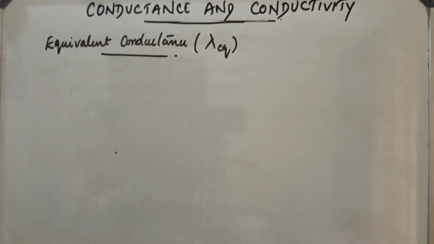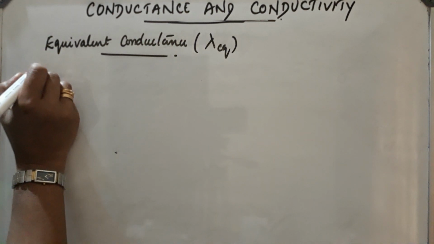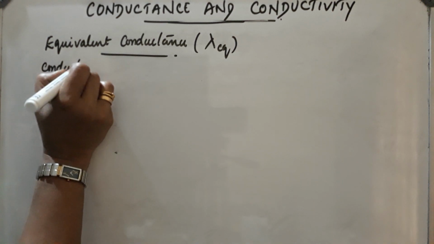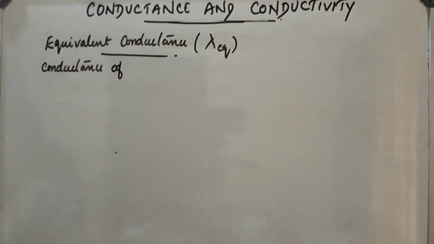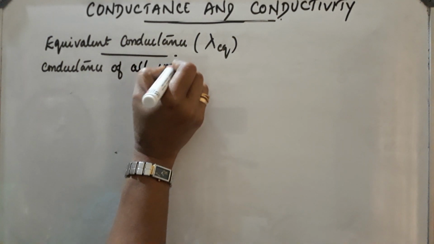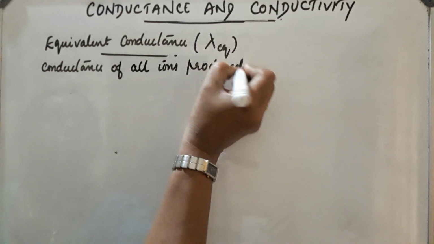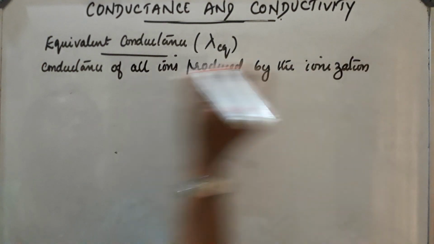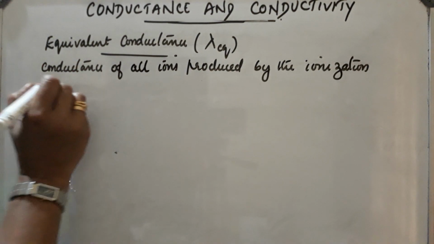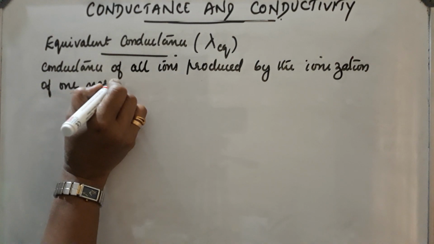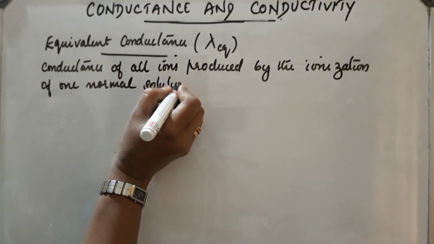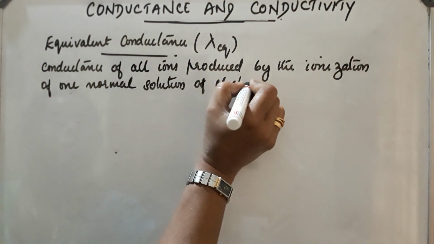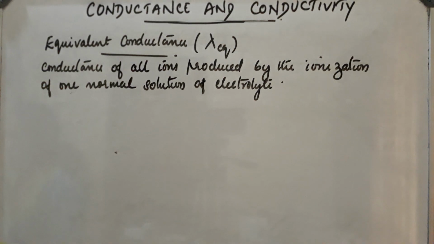It is the conductance of all the ions produced by the ionization of 1 normal solution of electrolyte. 1 normality means ions in 1 gram equivalent of electrolyte.